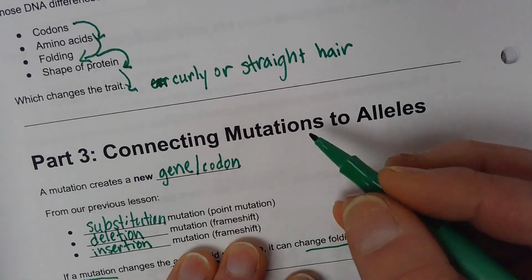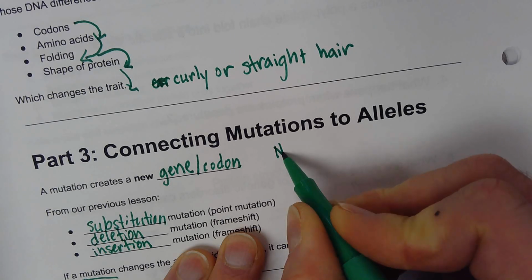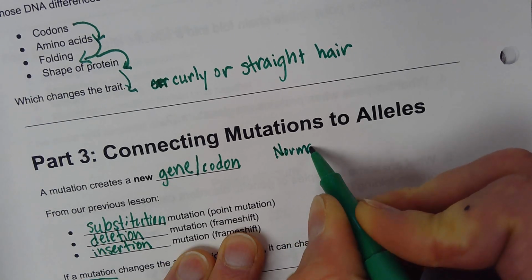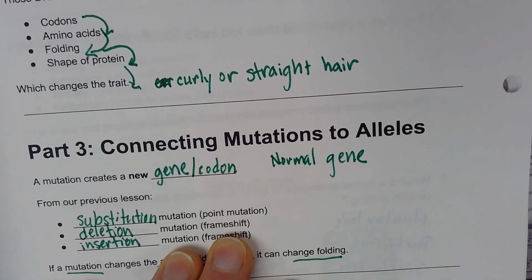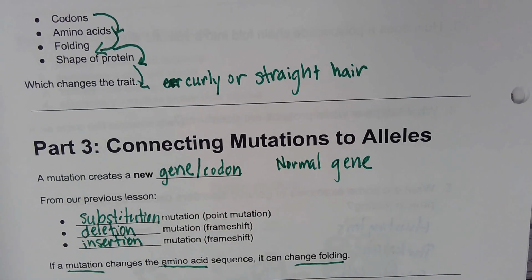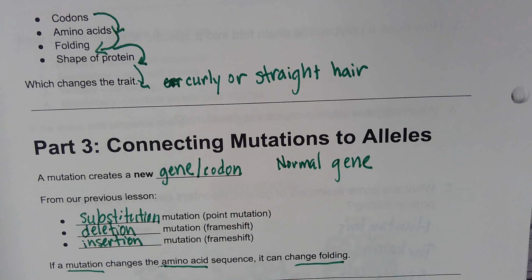So to be clear, in our phenomenon, there is that normal gene. Does Maggie have a normal gene? No. She's got a mutation.